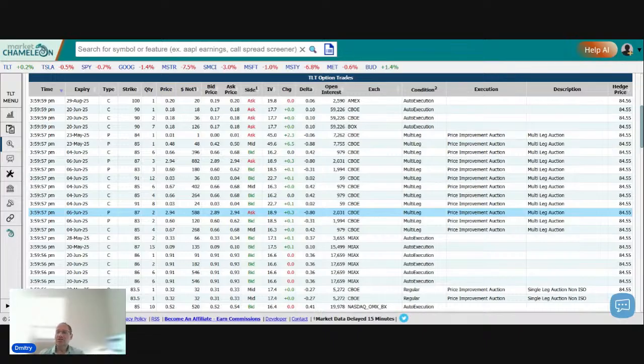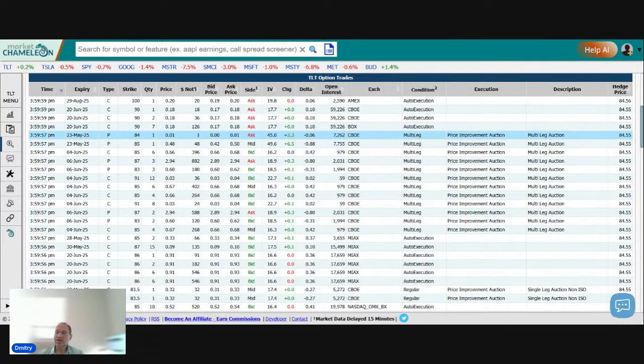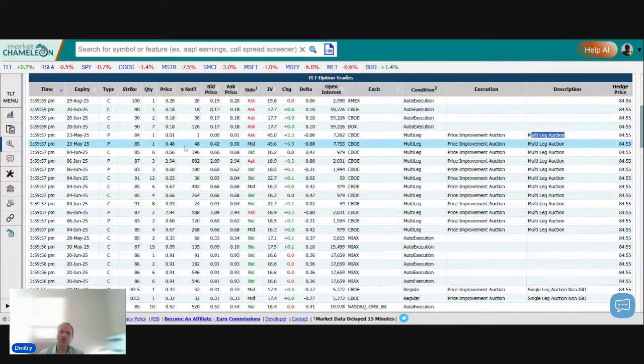So that's that. And here, if it was a multi-leg option trade, for example, it'll get listed as a multi-leg, which means this was part of a transaction that involved more than one option contract simultaneously. And that also becomes important because now you know, oh, well, this isn't just somebody buying or selling this particular single option.